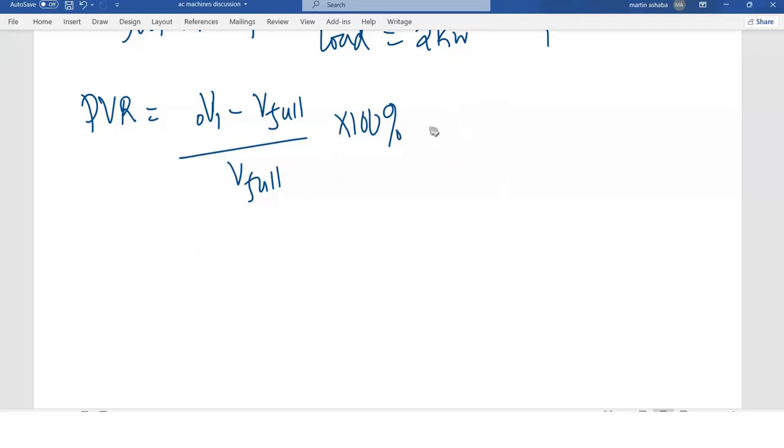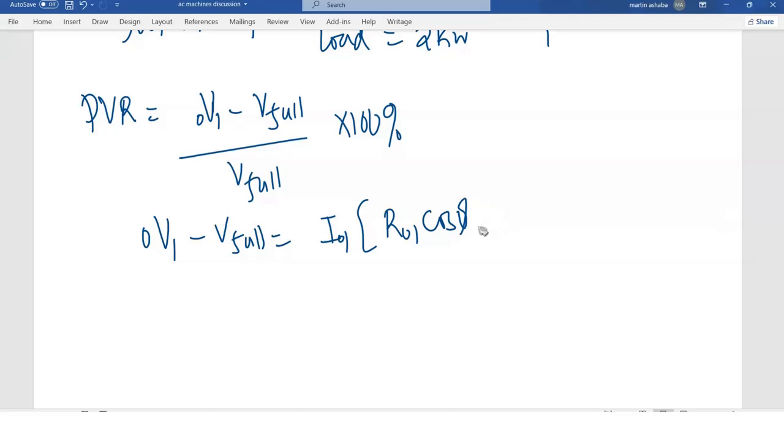But we also know that the no load voltage minus the full load voltage is equal to the full load current I1 multiplied by R01 cos phi, which is of course the power factor of the load, plus X01 sin phi, where R01 is the real component of the impedance referred to the primary. Everything is divided by the full load voltage, which we are usually taking to be E1.